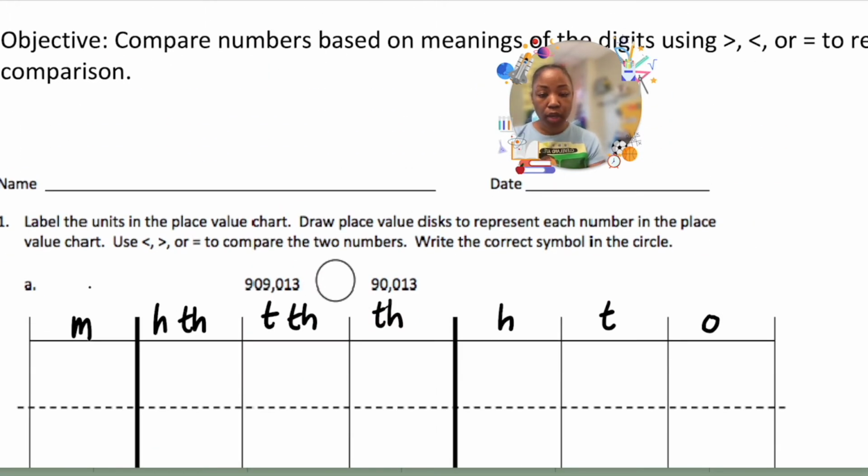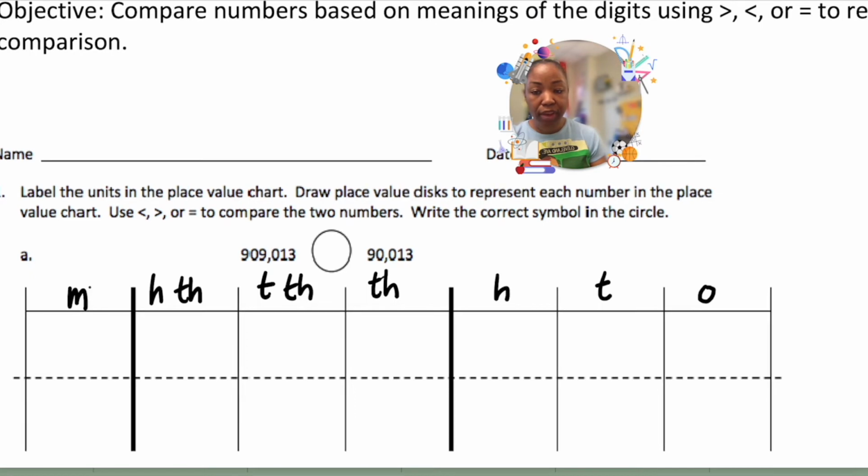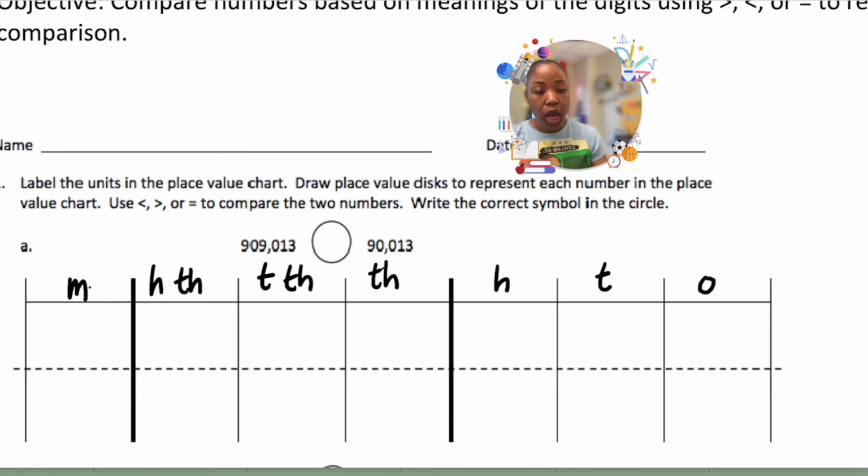Now that we have the place value chart labeled, we draw place value disks to represent each number in the place value chart, and then we compare using greater than, less than, or equal to, and write the symbol in the circle. For this first number, there's a 9 in the 100,000s place, so in the 100,000s place, I'm going to do 9 circles.